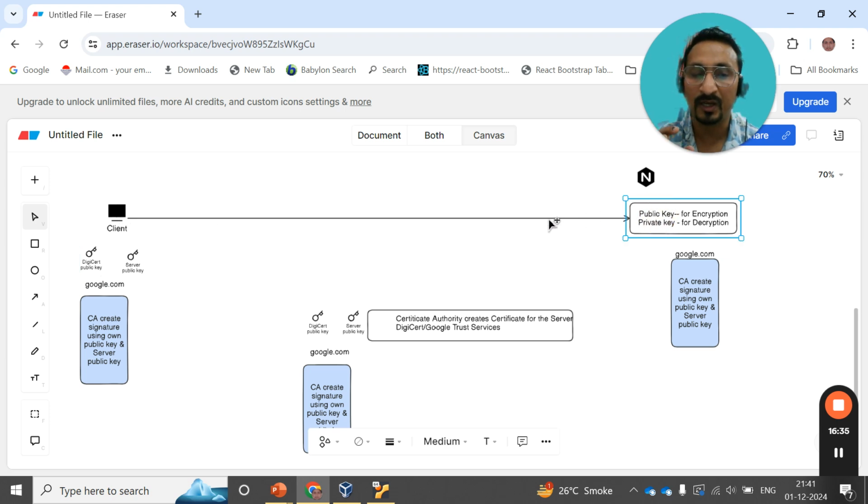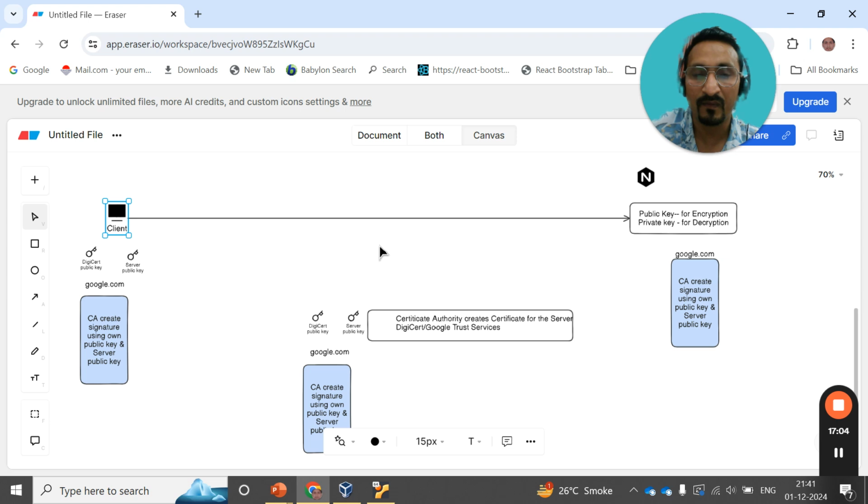Since this data is encrypted using the public key of the server, only the private key will be able to decrypt it. In this way the client secret key has reached the server. Now the server also has the secret key of the client, and going forward all the communication will happen via that secret key.